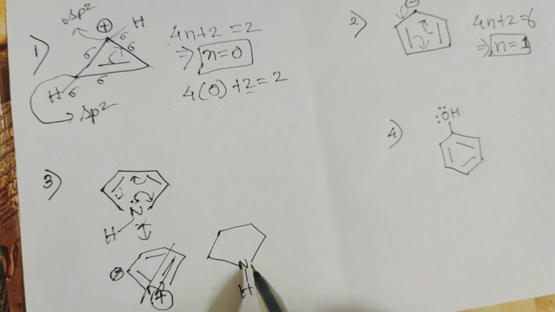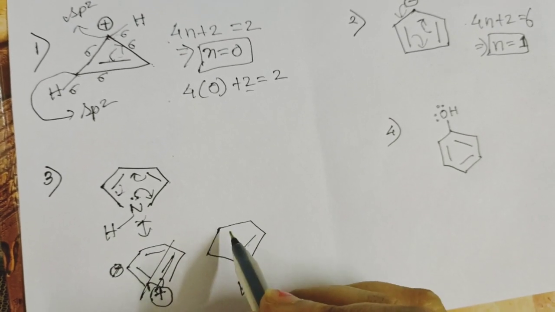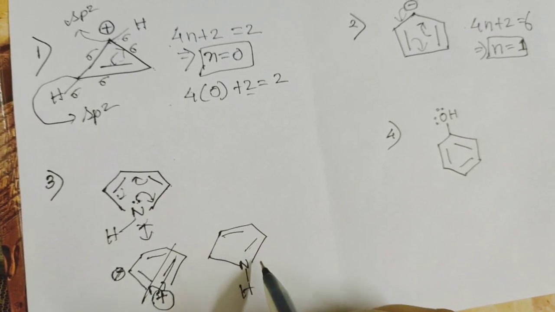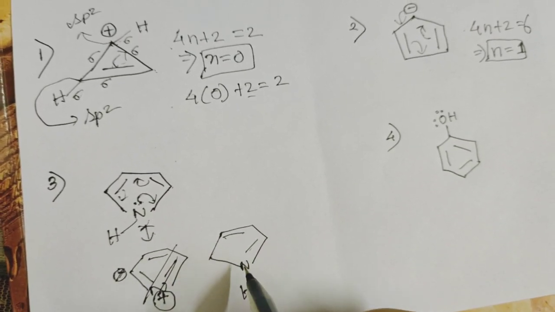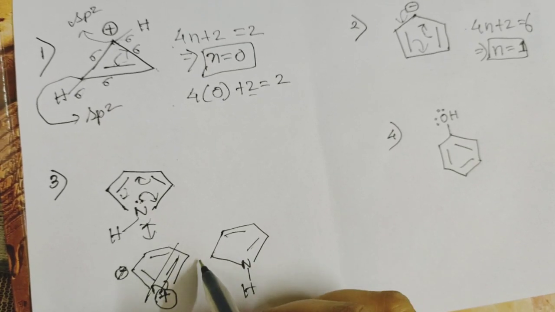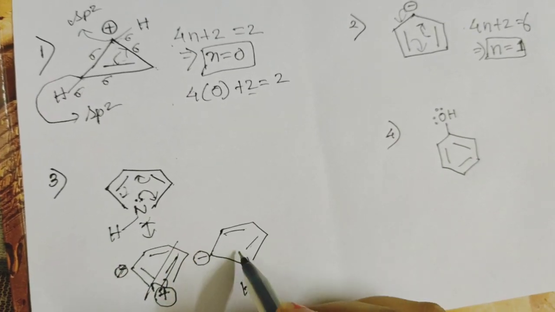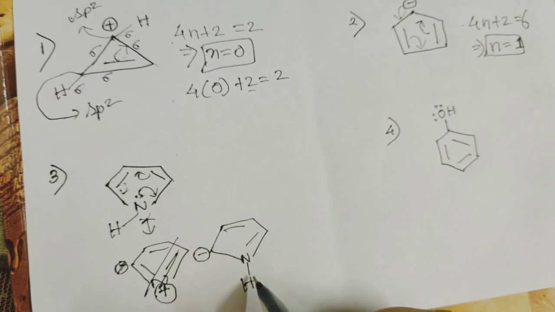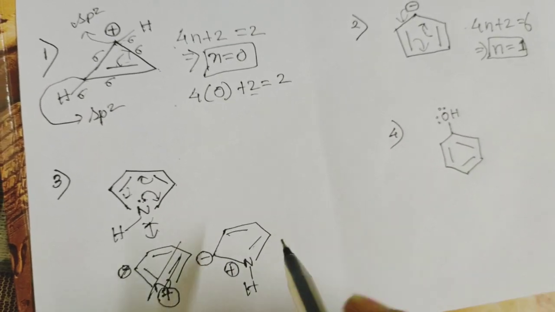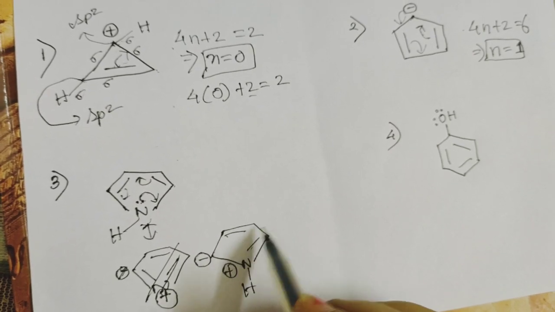So when these pi bonds move towards here, since the nitrogen has already made 4 bonds, it cannot make another bond, so this pi bond becomes a negative charge, and nitrogen with four bonds has a positive charge, since it has given the lone pair for the conjugation.